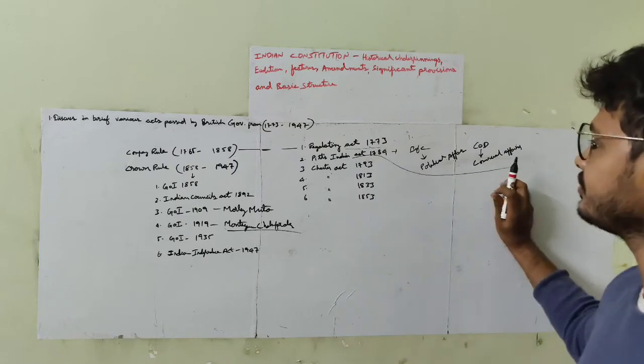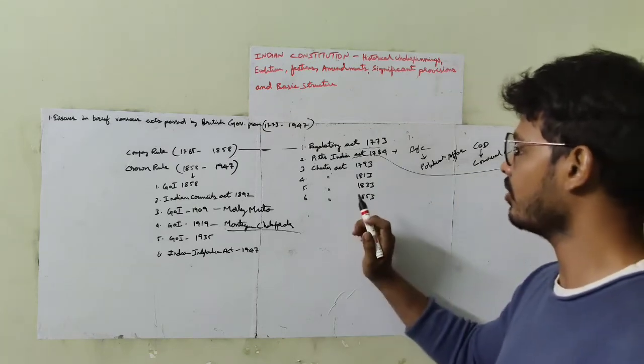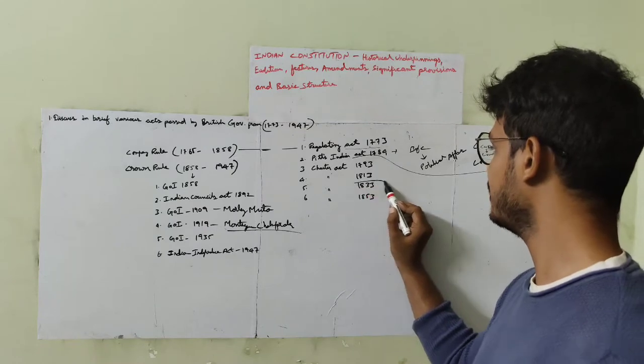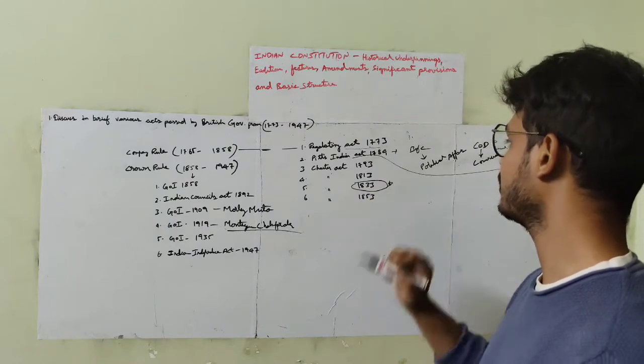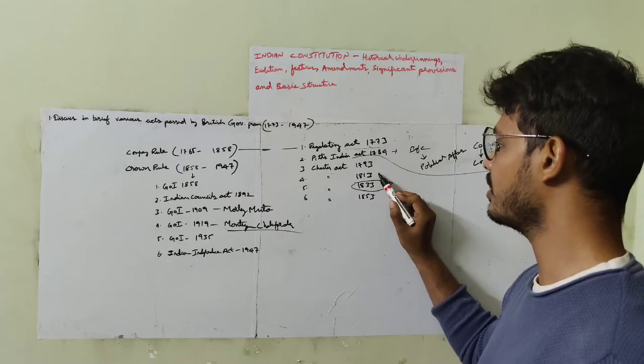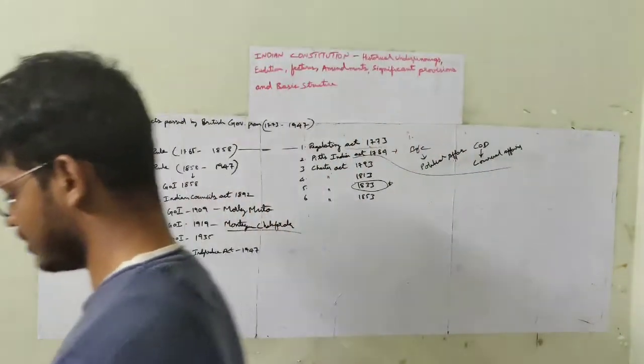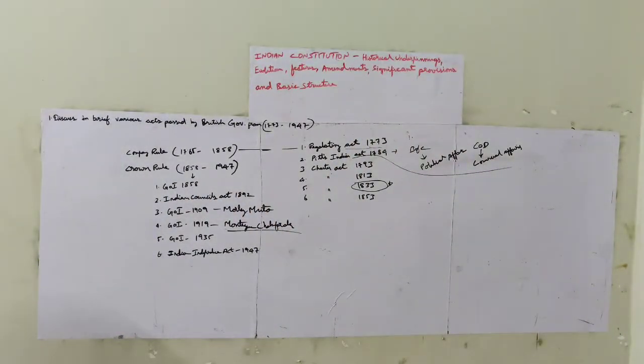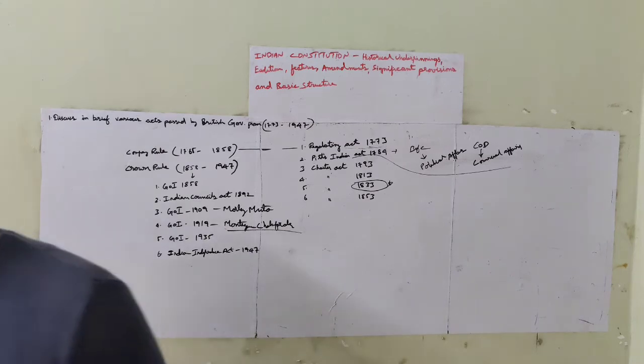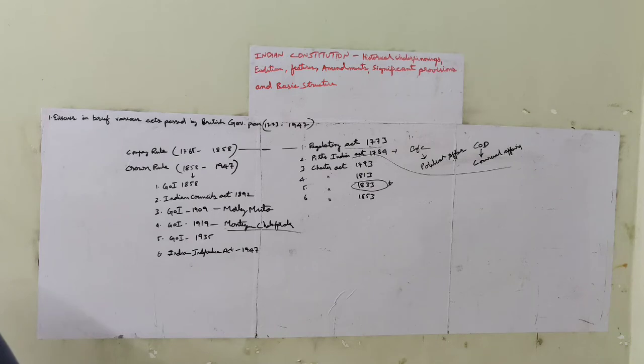Out of these, the Charter Act of 1833 is very important, and 1813 is also important, though not as much. The Charter Act of 1793 just laid down the members of the Board of Control and their staff.